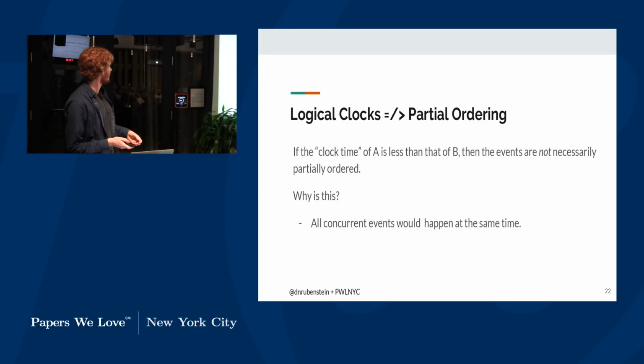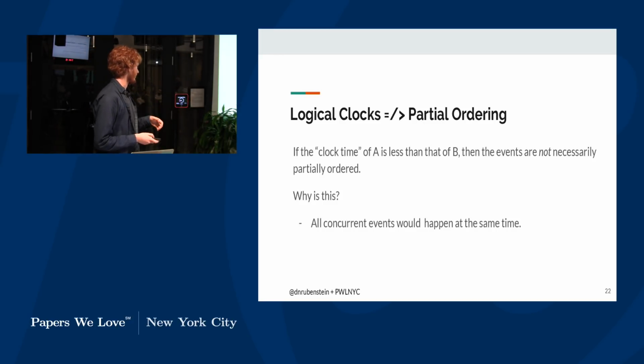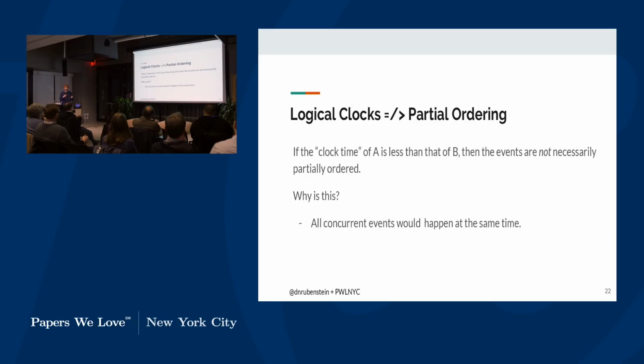So why is this? If we have 2 events and they're concurrent, then this means that all events that are concurrent would have the same clock time. And Lamport goes into more detail with a very good example in the paper of why this is true, but it doesn't hold, right? We can't say anything about clock times necessarily leading to a relationship, if we don't know anything about how the clocks are consistent.